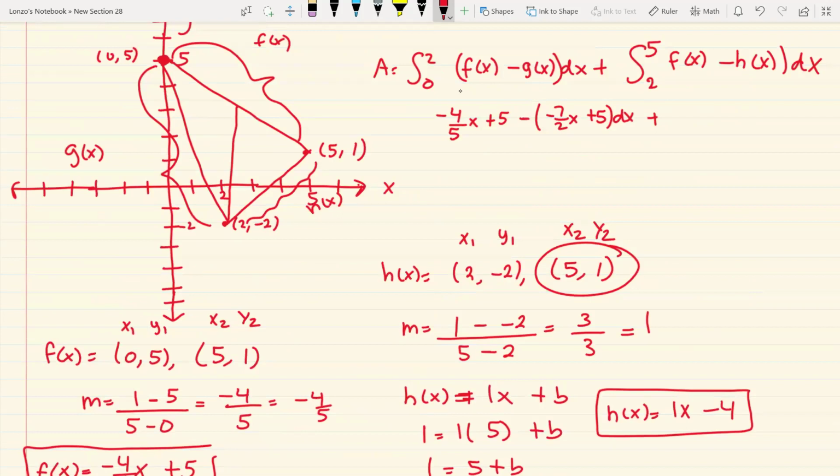Plus the integral from 0 to 2, and then f of x is negative 4/5 x plus 5 minus h of x, which is x minus 4 dx. So if you FOIL this out, this would be positive 7/2 x. This would be minus 5. And the 5's cancel.